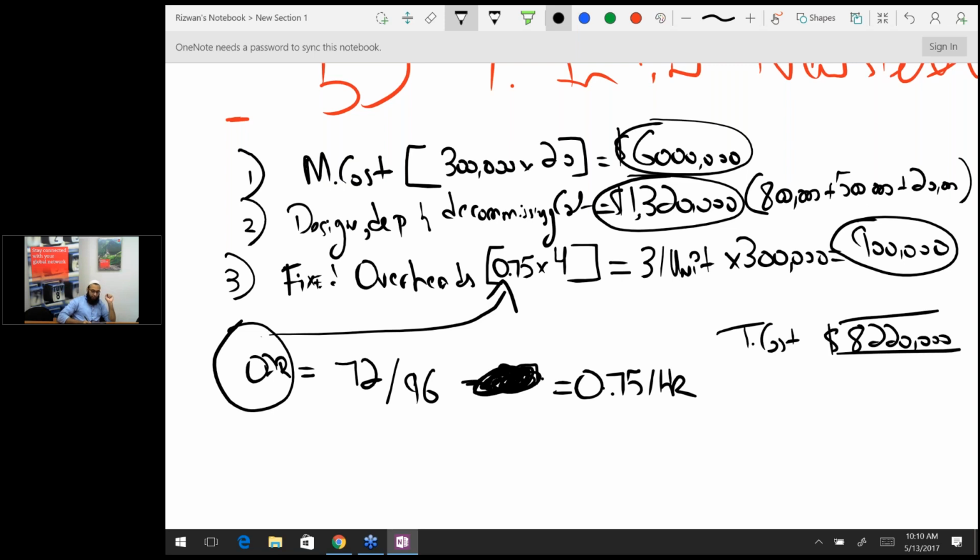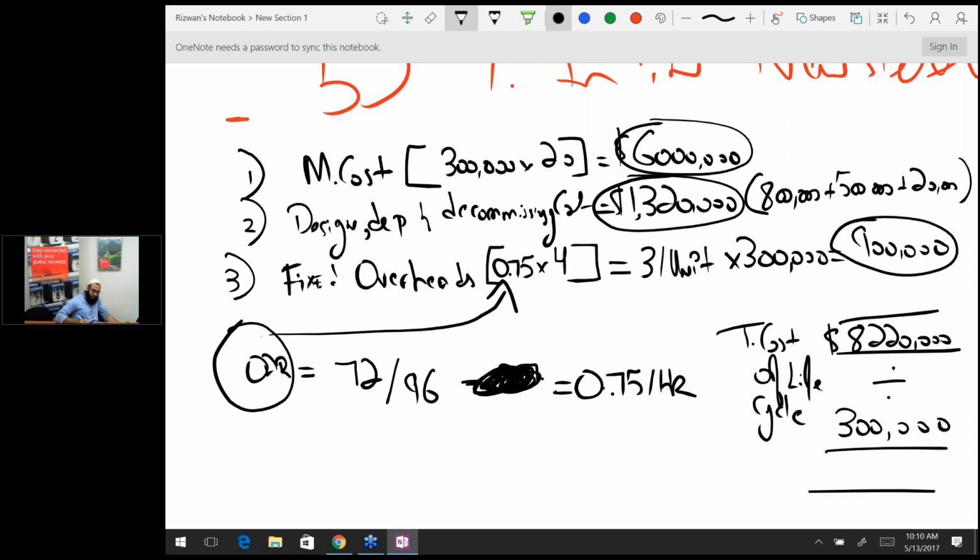Now what you need to do is divide this by the number of units of the entire life. Make sure you consider the entire life here. This is the basic point behind life cycle costing. Don't get confused. Always in life cycle costing, consider the entire life. Each and every cost will be included, whether it is a recurring cost or a non-recurring cost.